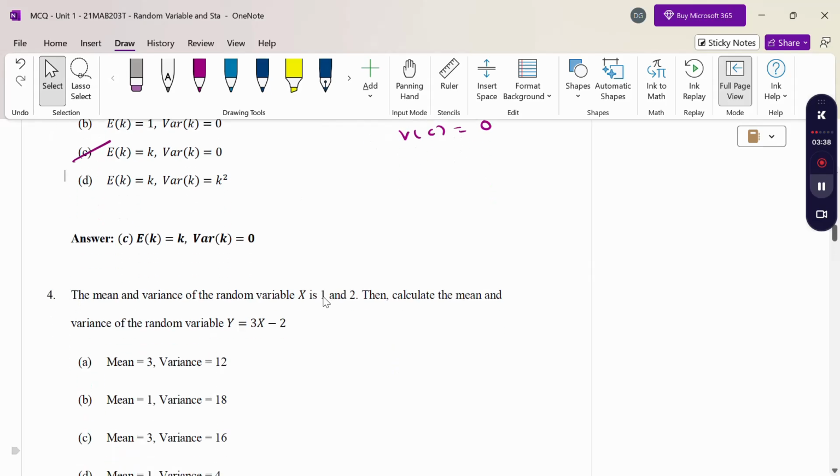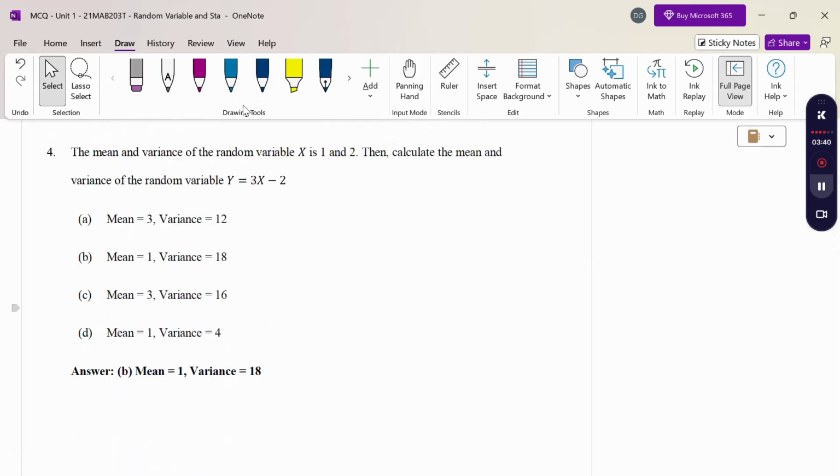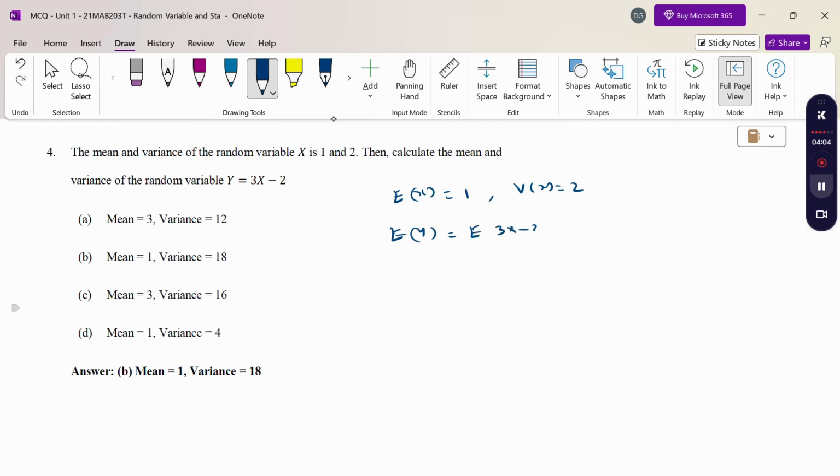And then the mean and variance of random variable x are 1 and 2, then calculate the mean and variance of random variable y equal to 3x minus 2. Now the problem mentions expectation of x is 1, variance of x is 2. Now the question is expectation of y, so expectation of 3x minus 2.